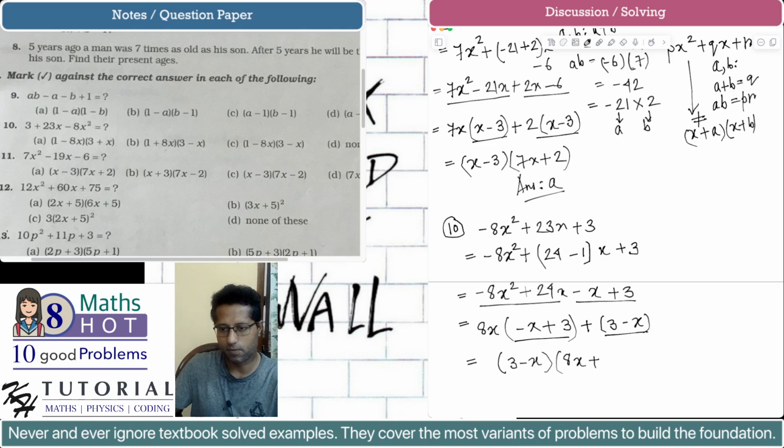Why plus 1? Because we can always consider the expression 3 minus x to be equal to 3 minus x multiplied by 1. So this is the final factorization, and hence the correct answer choice will be choice B. So for question number 10, the correct choice is B.